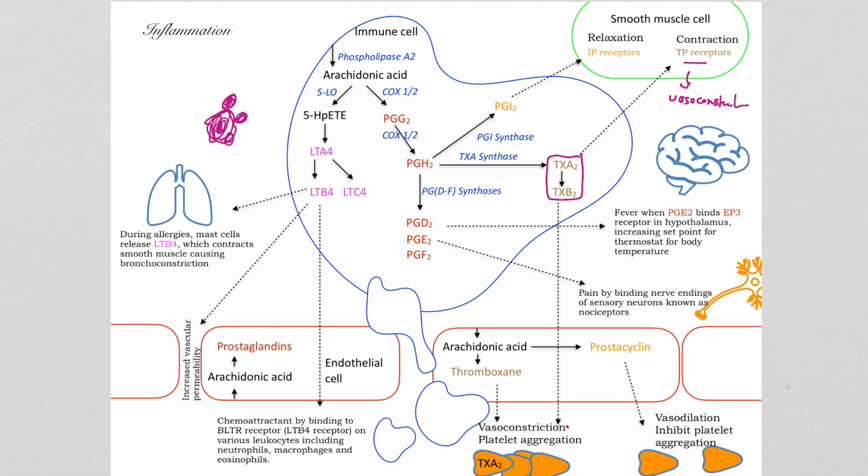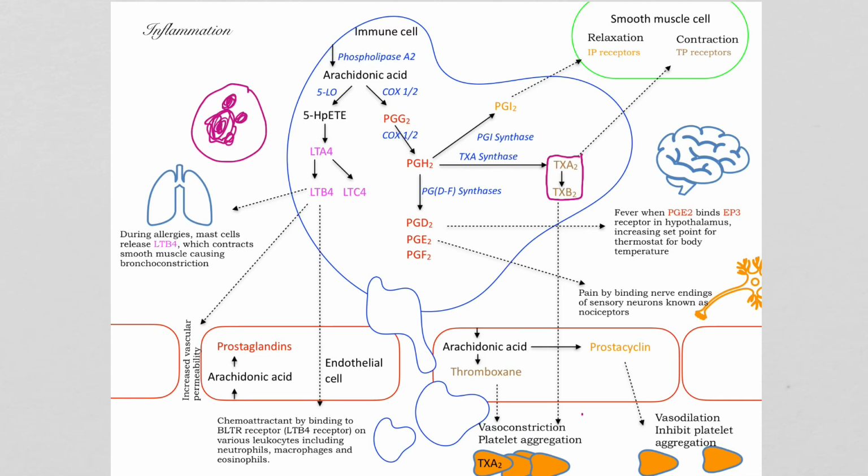This vasoconstriction makes a blood vessel smaller, and by having direct effects on platelets, it causes the platelets to aggregate. So basically it forms a sort of prison around this infected area to make sure that those microbes are not going to escape out of this inflammatory site.